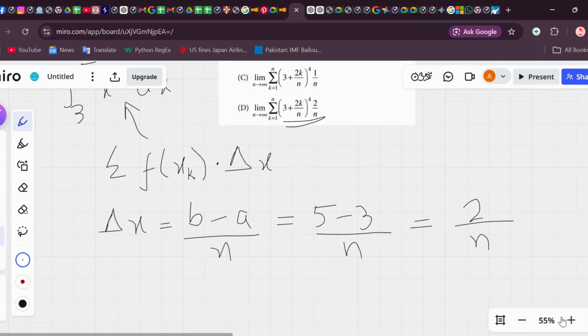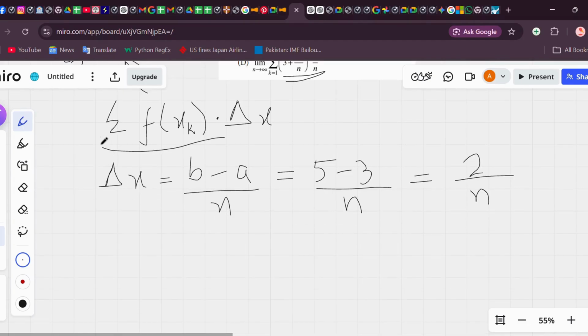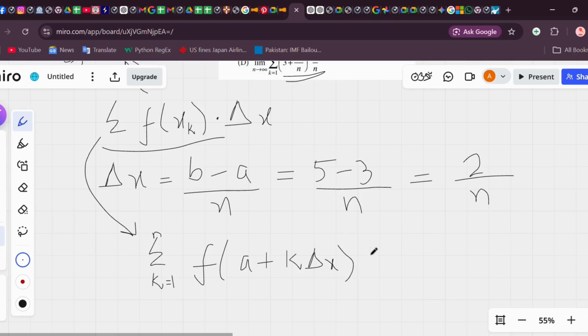Now finding this part. The function of xk is the summation, with k equal to 1 and the upper limit of the summation n, of f of a plus k delta x. This is the formula for the summation of the function of xk.